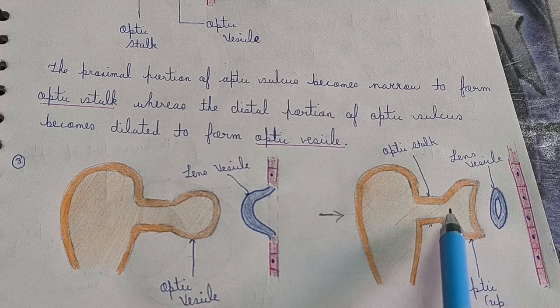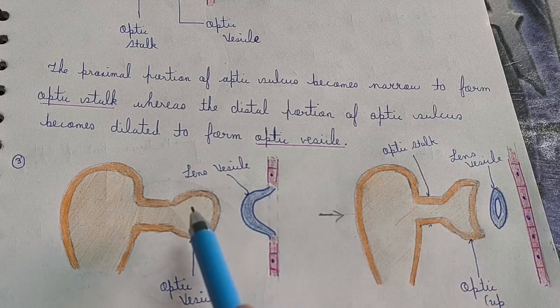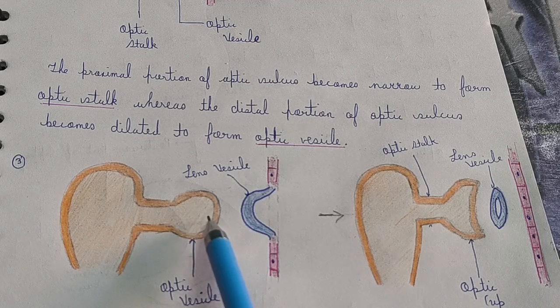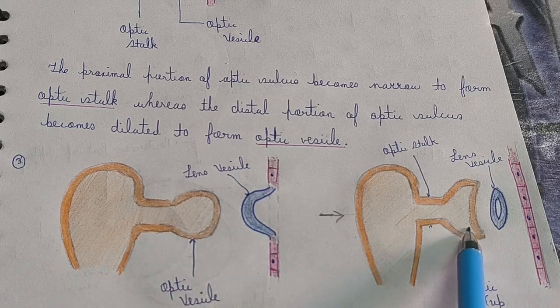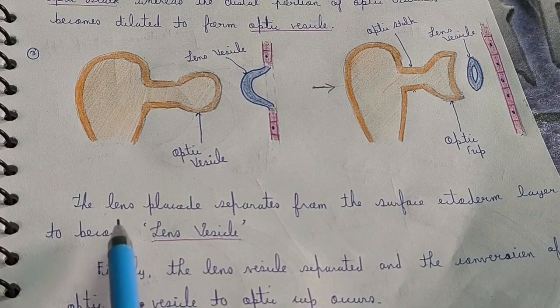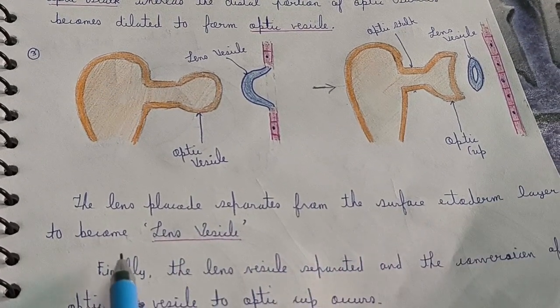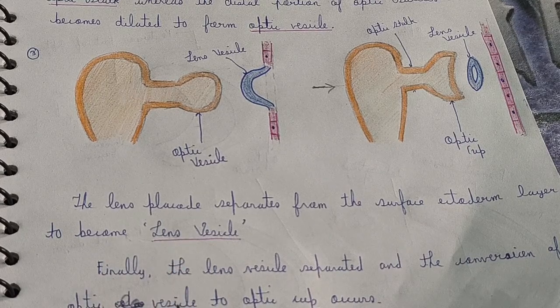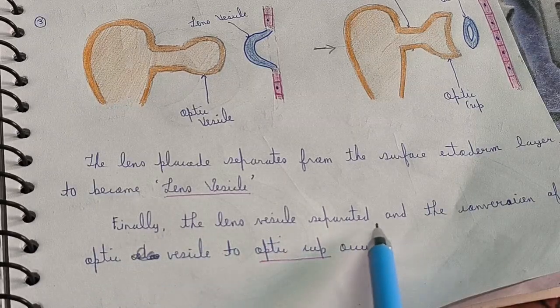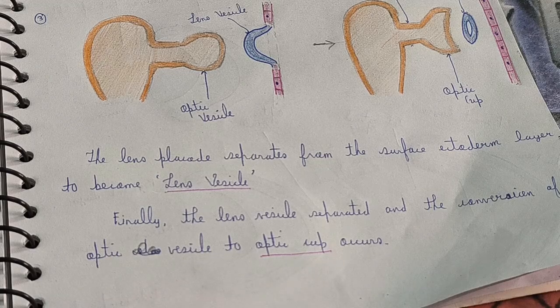Simultaneously, during the separation of the lens vesicle, the optic vesicle gets converted into a double layered optic cup. So I have written that the lens placode separates from the surface ectoderm layer to form the lens vesicle. Finally the lens vesicle is separated and the conversion of the optic vesicle to the optic cup occurs.